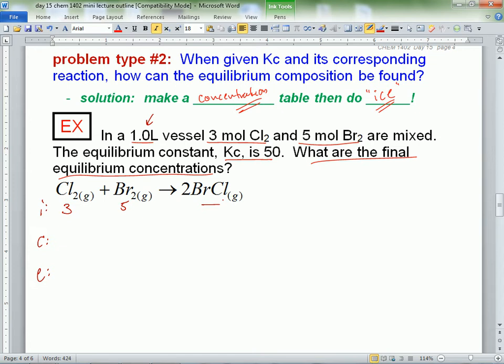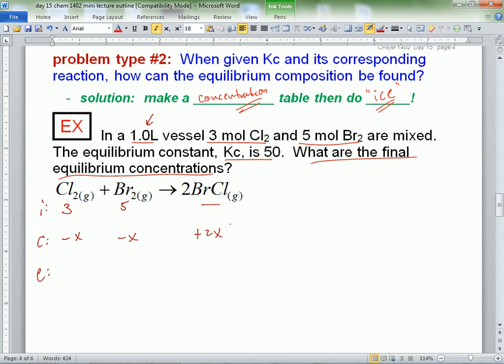Okay. Let's see if Alejandro's not here. Tegan, see if she remembers how to do the change row. Negative x, plus 2x. Perfect. Okay. Now the E row, or equilibrium, that's where all of our answers are, Allison. What is that going to look like? We just add them up.